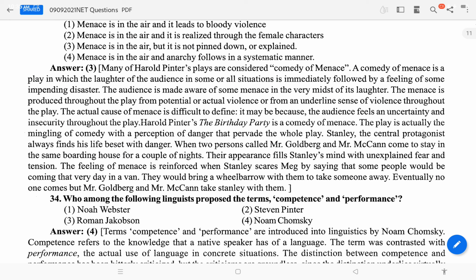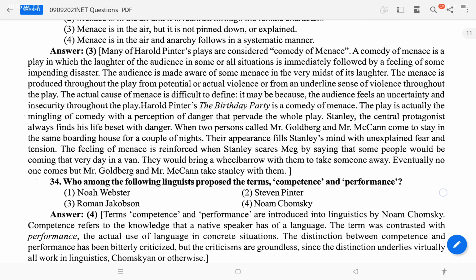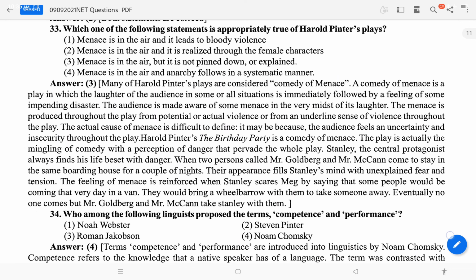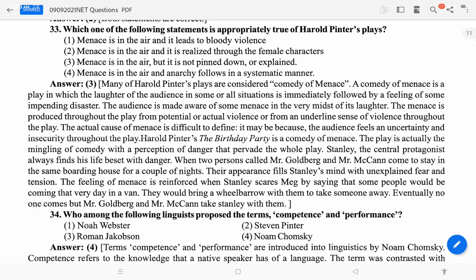A comedy of menace is a play in which the laughter of the audience in some or all situations is immediately followed by a feeling of some impending disaster. So what is comedy of menace? It is a play in which the laughter of the audience in some or all situations is immediately followed by a feeling of some impending disaster. The audience is made aware of some menace in the very midst of its laughter.